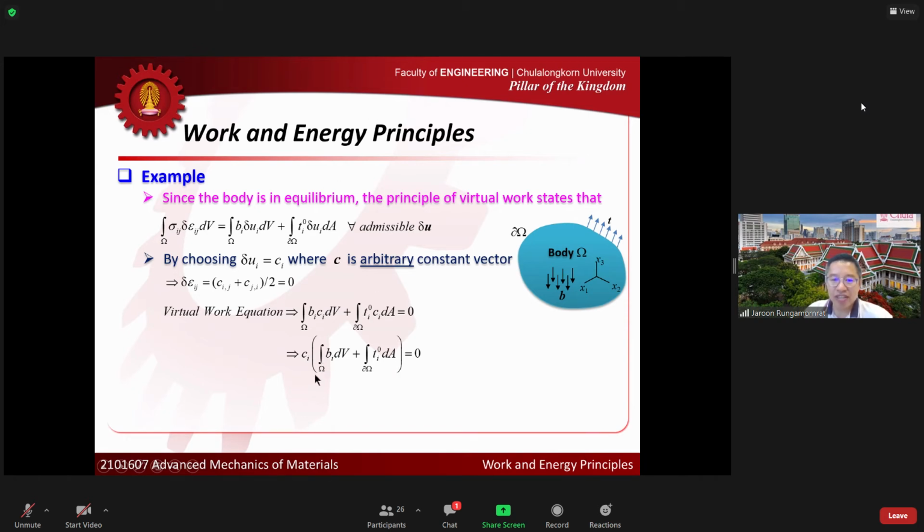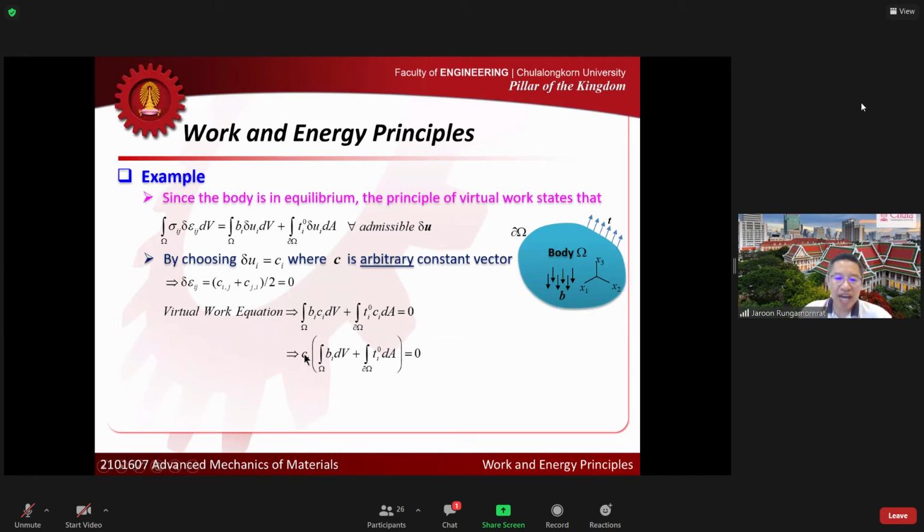Basically, the term that you got here is C1 multiplied by this one with i equal to 1, plus C2 multiplied by the whole thing here with the index 2, and plus C3. On the left-hand side, you have a combination of 3 terms. You cannot just simply cancel out ci by dividing the whole thing by ci. You cannot do that, right?